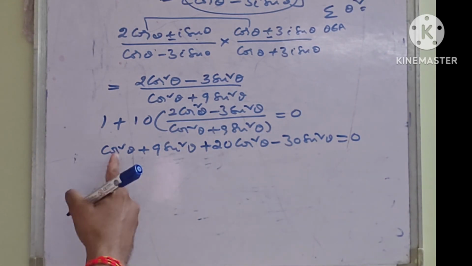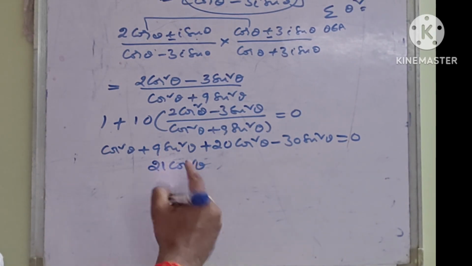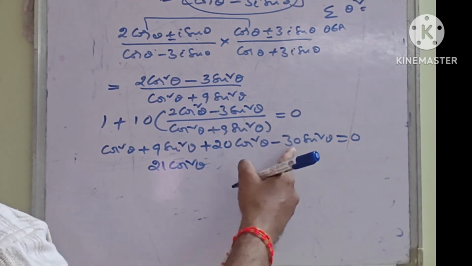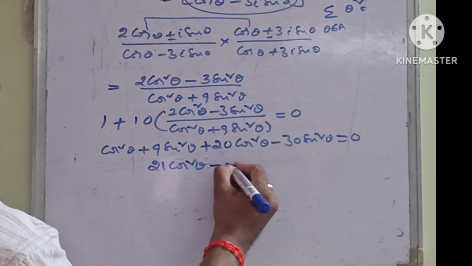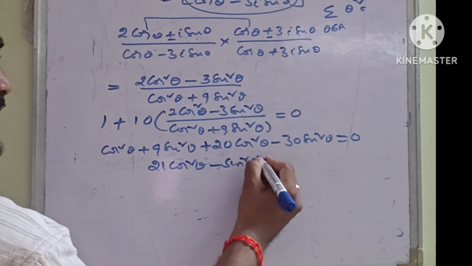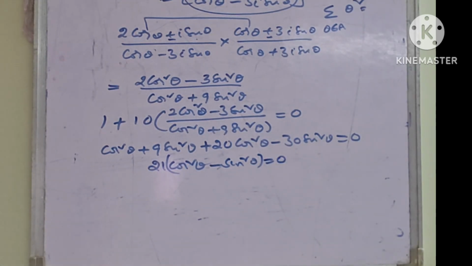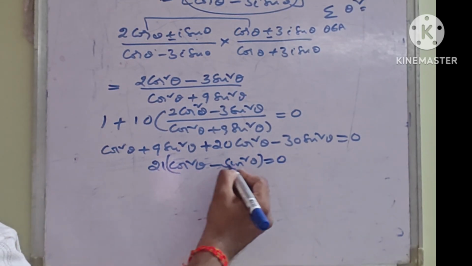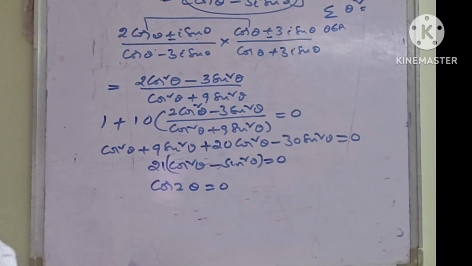Here 20 cos square theta plus 1 cos square theta is 21 cos square theta. Then minus 30 sin square theta plus 9 sin square theta is minus 21 sin square theta. Now 21 is common, that is 21 into (cos square theta minus sin square theta). We know that cos square theta minus sin square theta is cos 2 theta, equal to 0.